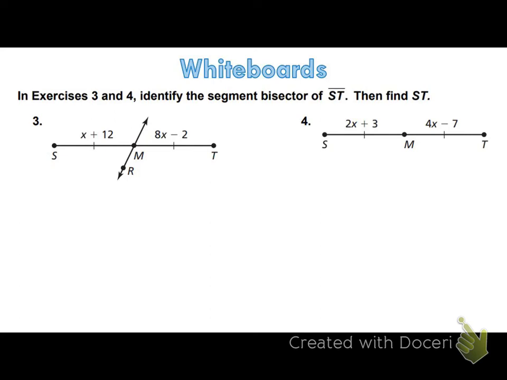That's a 7. Yeah. That's what X is, it's not what the length of the line is. So you plugged it into SM. I want ST, right? You're almost done. So you also plugged it into SM, and you plugged it into MT. But I want from ST. So you're this close to the answer.